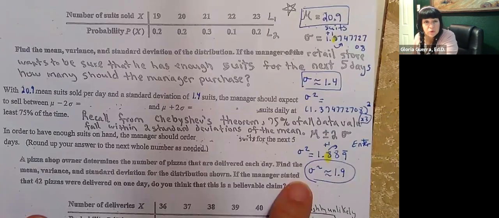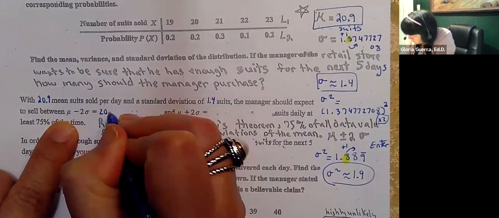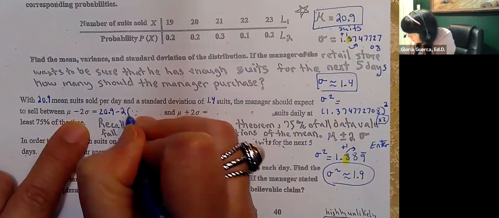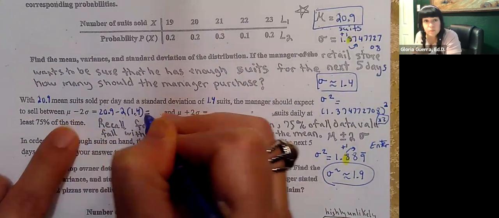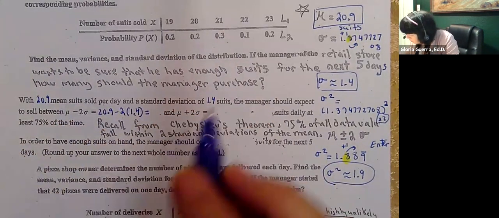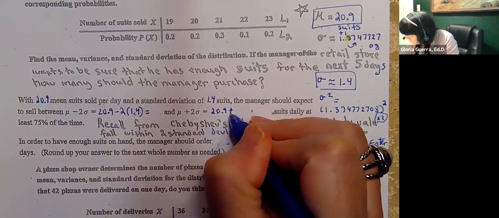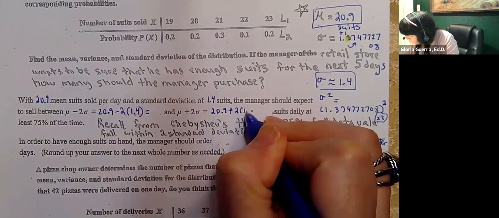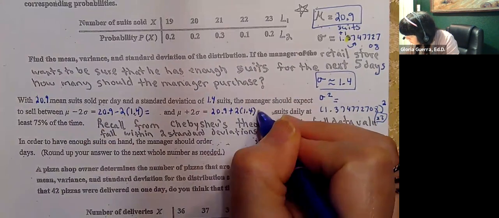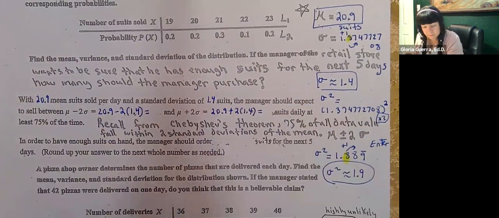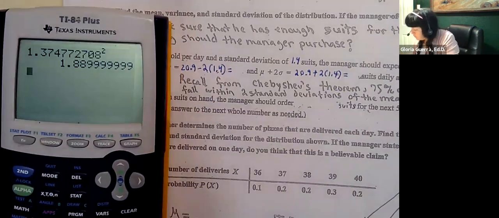So mu is 20.9 minus 2 times sigma, and sigma is 1.4. Then it's 20.9 plus 2 times 1.4. Let me clear this.